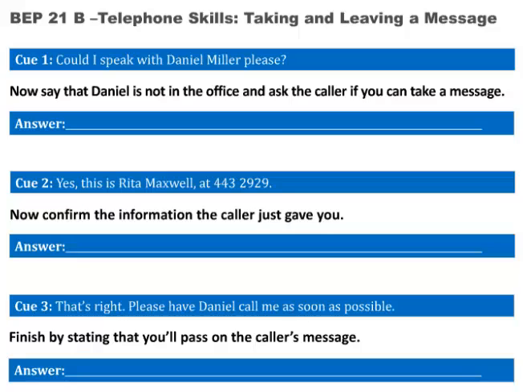Now, confirm the information the caller just gave you. That's right. Please have Daniel call me as soon as possible. Finish by stating that you'll pass on the caller's message.